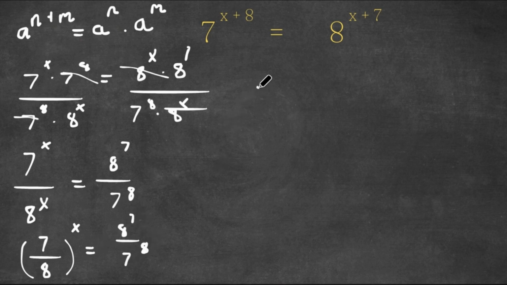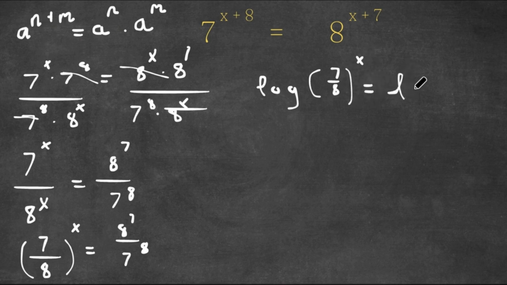Now I'm going to take the log on both sides, so now we have log of 7 over 8 to the power of x is equal to log 8 to the power of 7 over 7 to the power of 8.